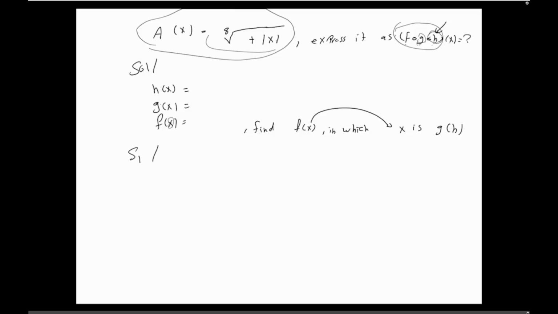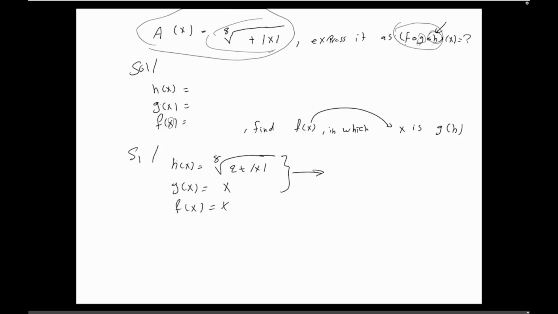I will start with the first way, in which I say that h of x is equal to all of this. So h of x equals 2 plus the absolute value of x. After that, I say g of x equals just x, and f of x also equals x.